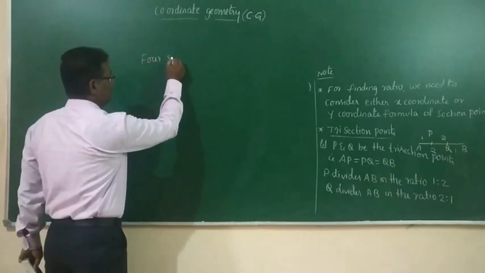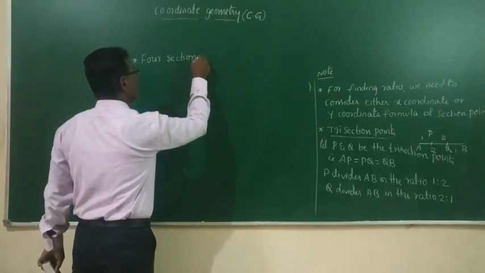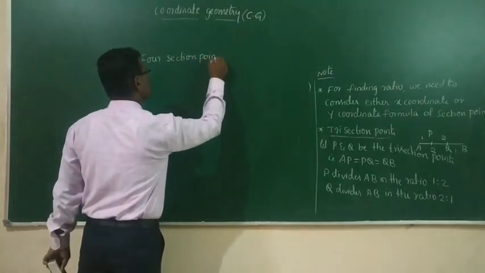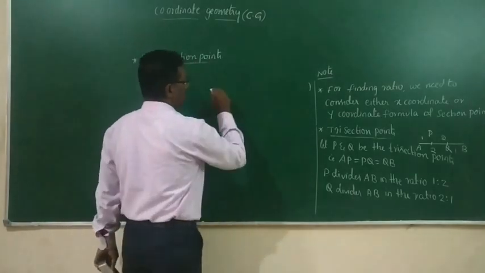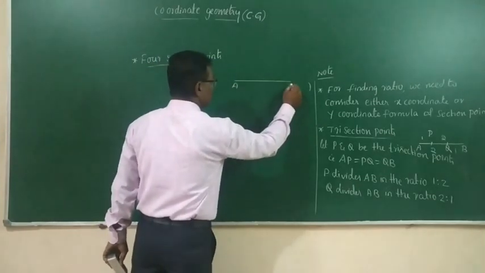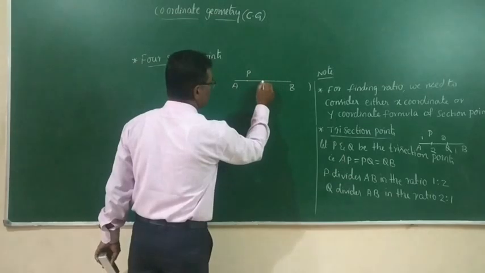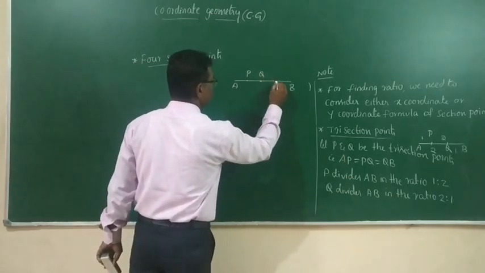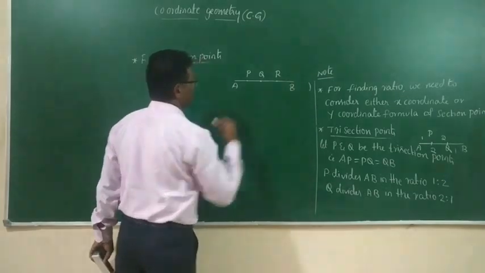Four section points. There is a line segment AB which is going to be divided by the points P, Q, R into four parts.